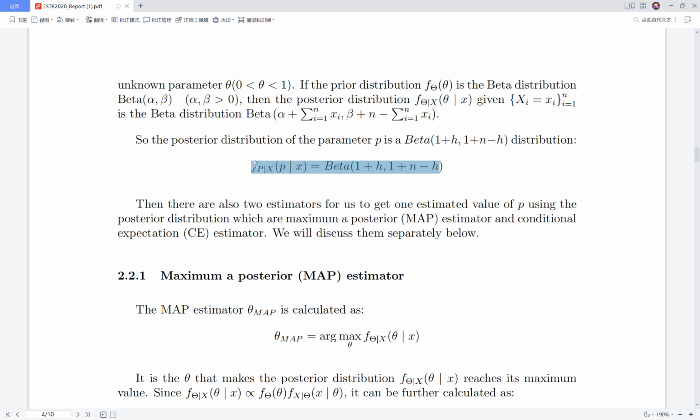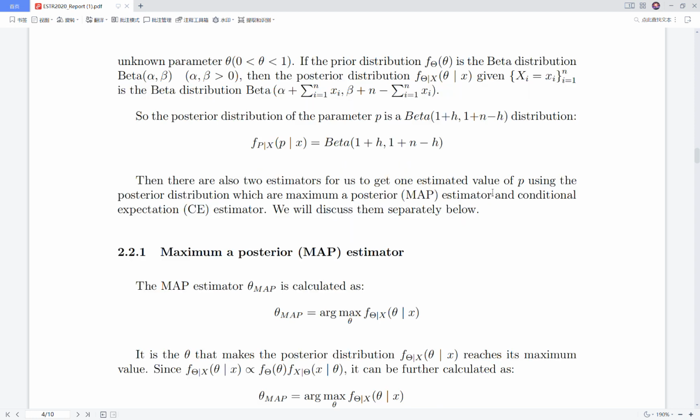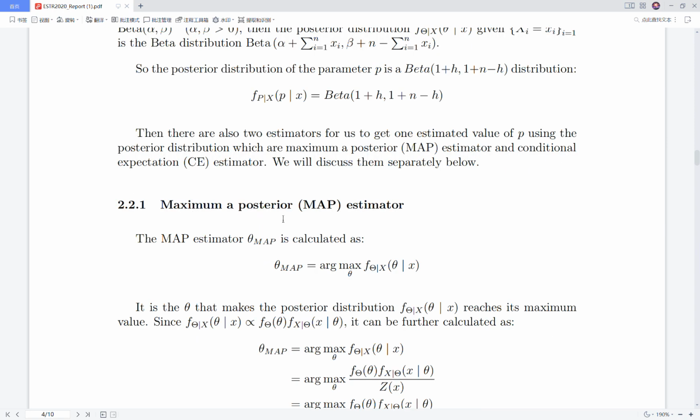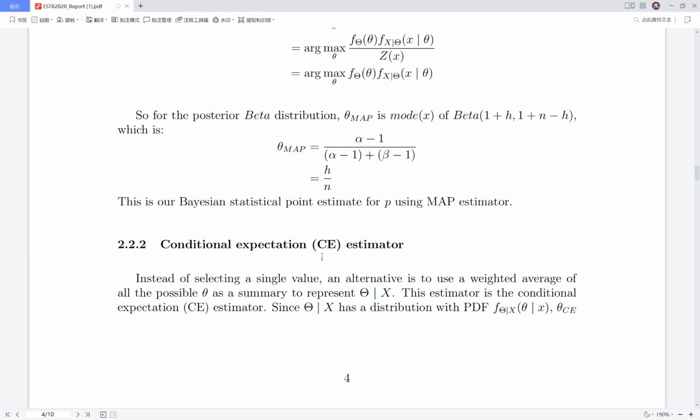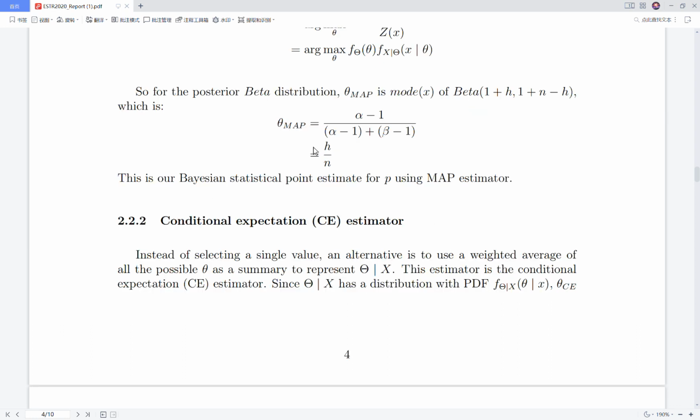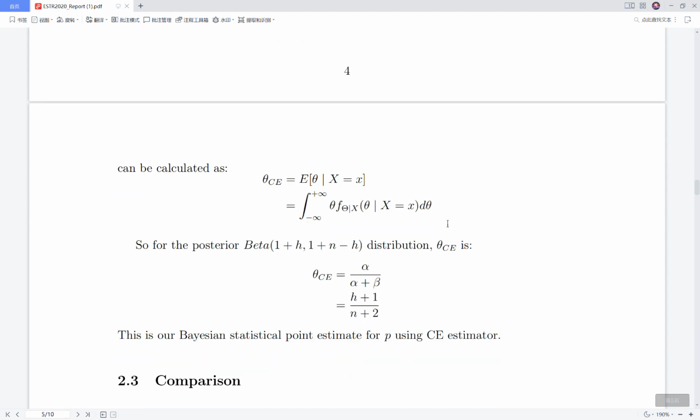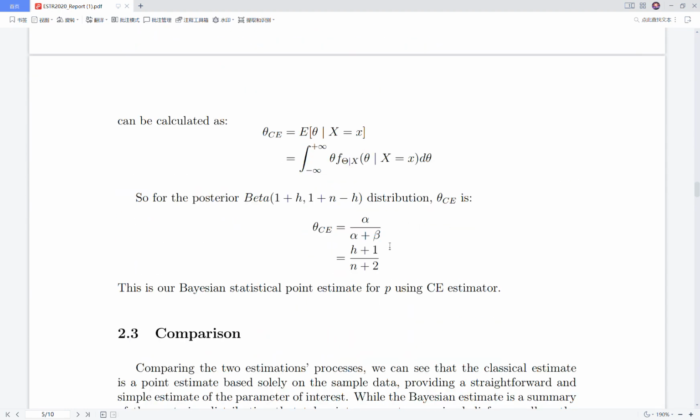Having this distribution, we can use two estimators to estimate P. One of them is the maximum a posteriori estimator, MAP, and the other is the conditional expectation estimator, CE. After some calculation, MAP gives the estimated value of h over n, and CE gives the estimated value of (h plus 1) over (n plus 2).